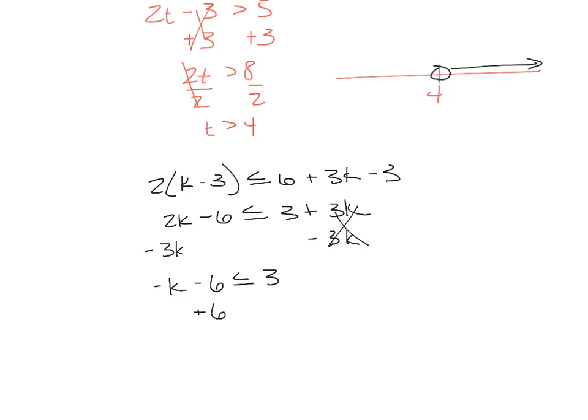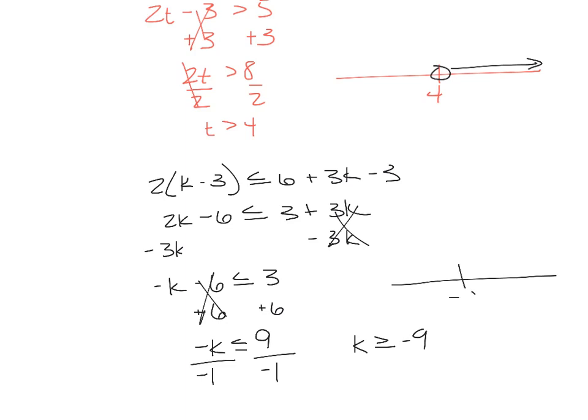Plus 6, plus 6. And we get negative k is less than or equal to 9. Divide by negative 1. And since you divided by negative 1, you flip the inequality sign, negative 9. So here, negative 9, closed circle, pointing to the right.